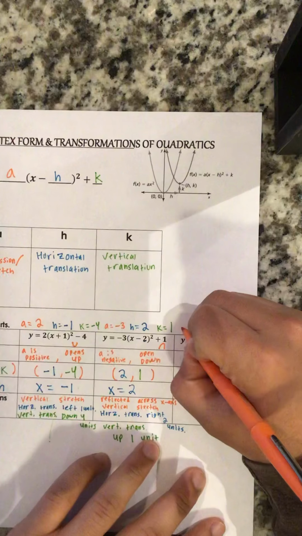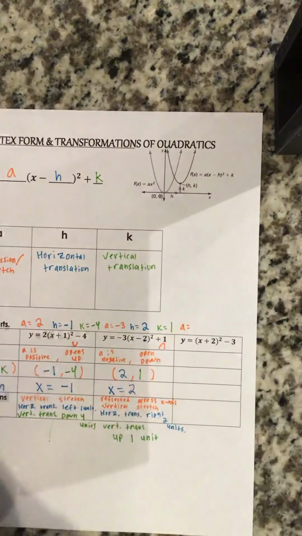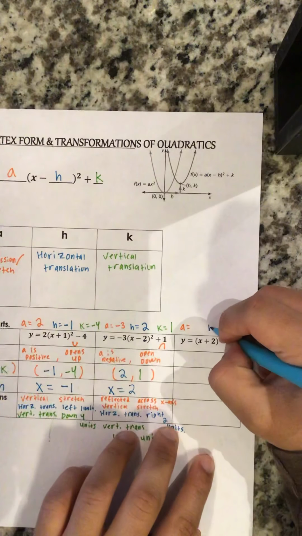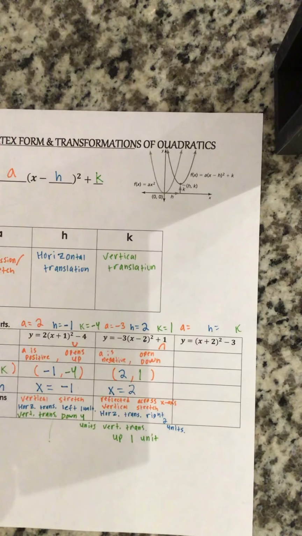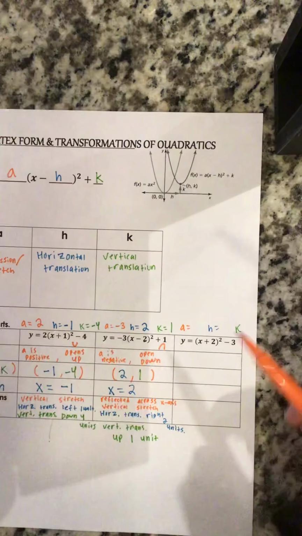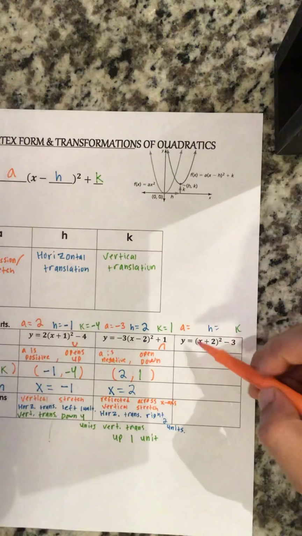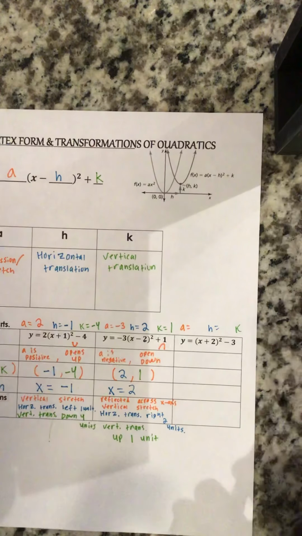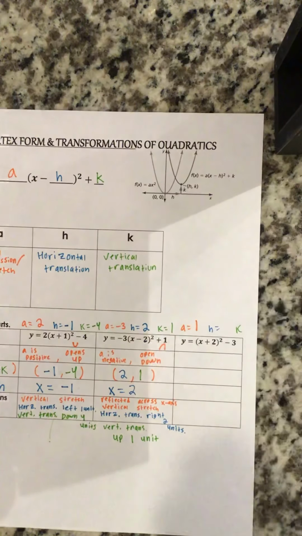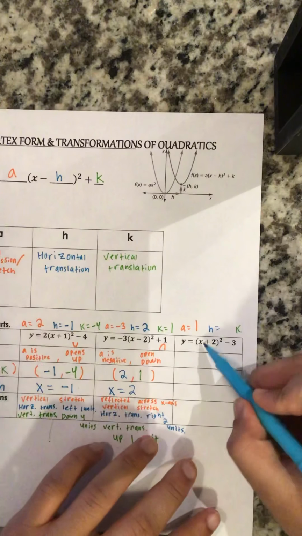So in our third example, I need an A, an H, and a K, okay? So again, starting with A. A is whatever's in front. Now, if I look, there's nothing in front. But what have we learned this whole year? If there's nothing in front, we assume there's an imaginary 1, every time. Now the H, remember, it's not what's inside the parentheses.